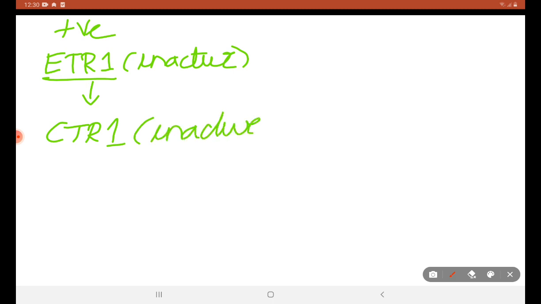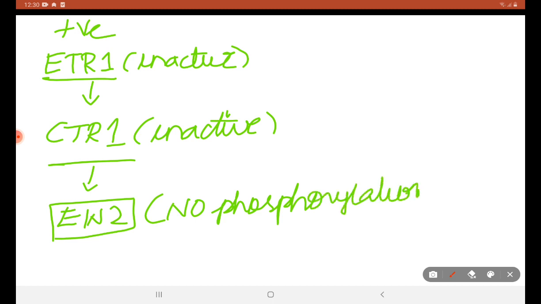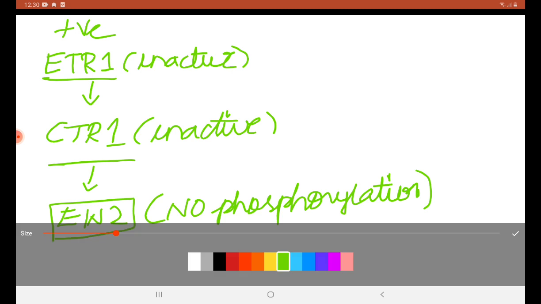EIN2. No phosphorylation occurs. So no phosphorylation occurs.